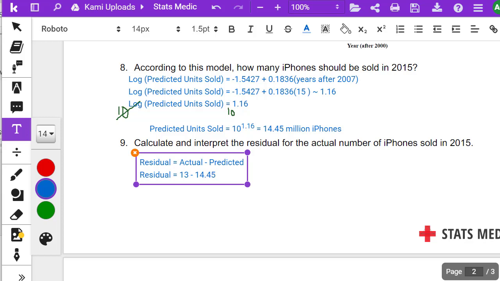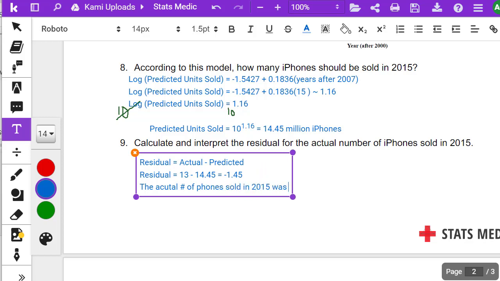Remember, those were in millions. Which is negative 1.45. So the actual number of phones sold in 2015 was 1.45 million lower than predicted. Which one was higher? The predicted. So the actual was lower, by 1.45 million below the prediction.